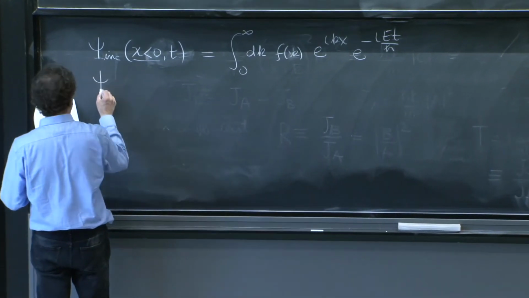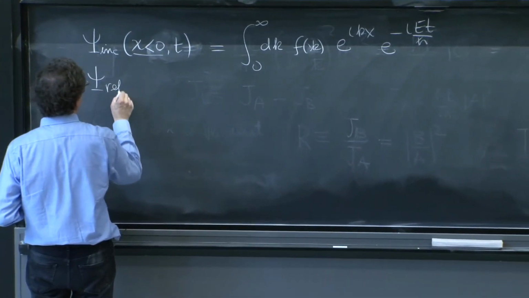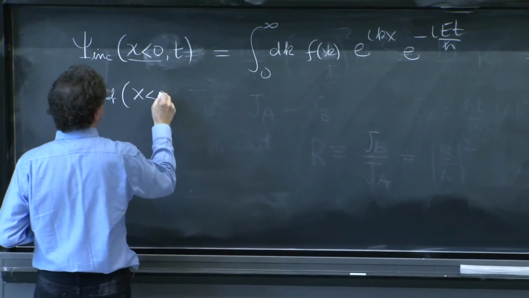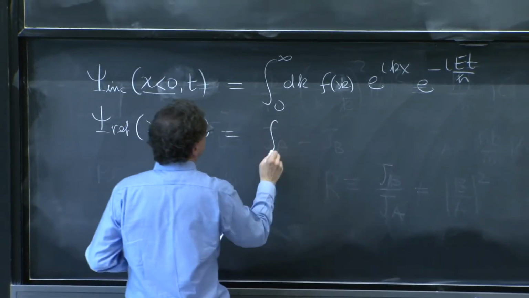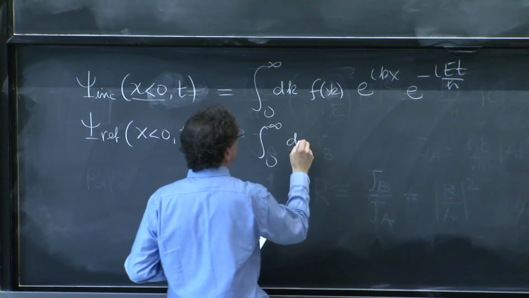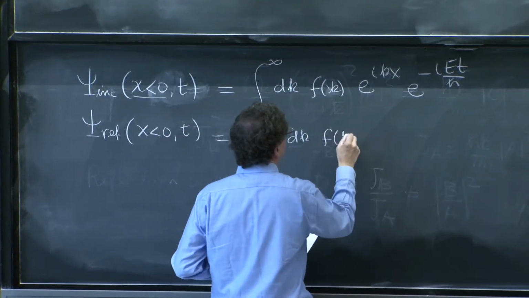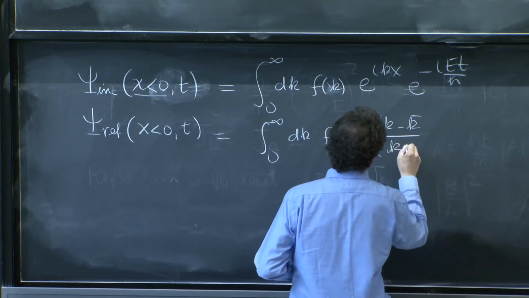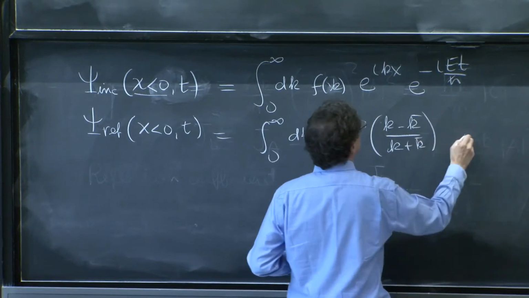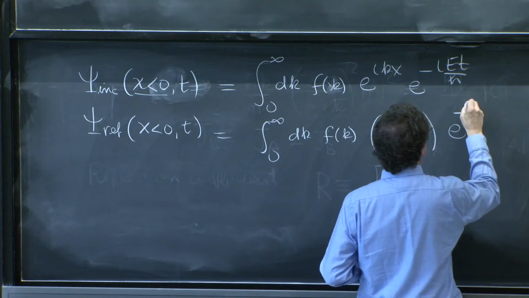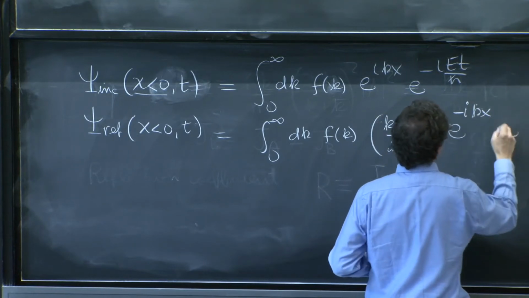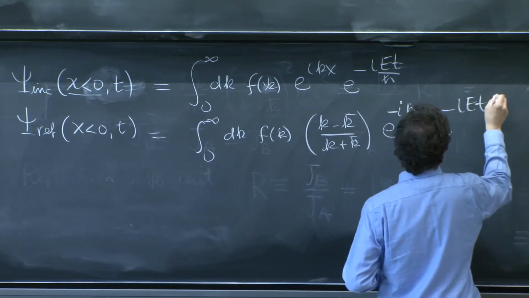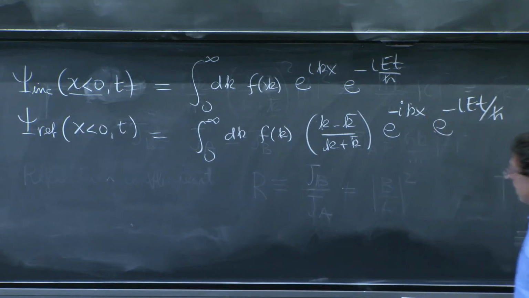And then you also have a reflected wave packet, x less than 0. That is the second part, the integral dk f of k, (k minus k bar) over (k plus k bar), e to the minus I kx e to the minus I Et over h bar. It's also for x less than 0.